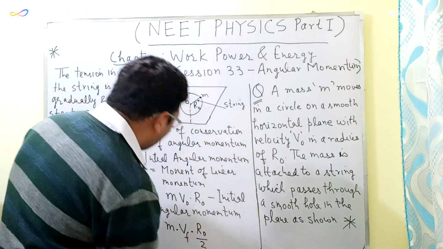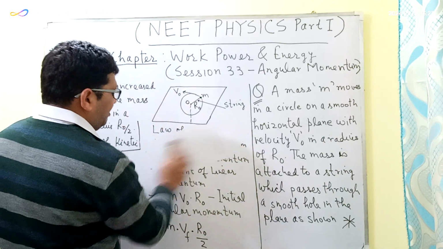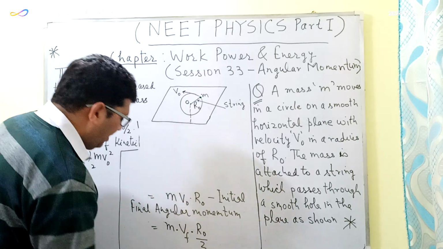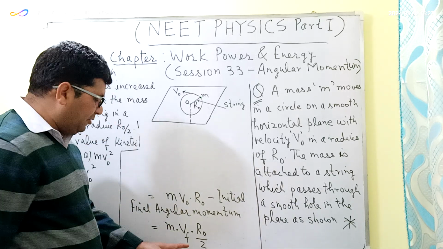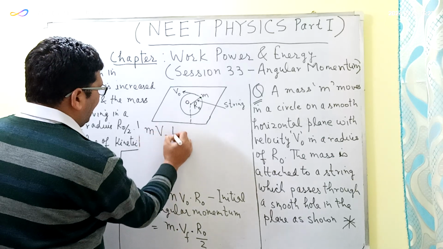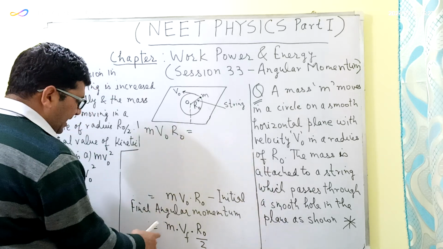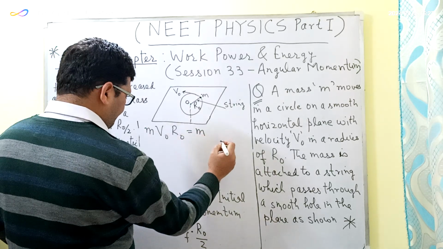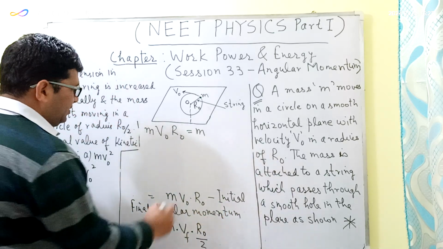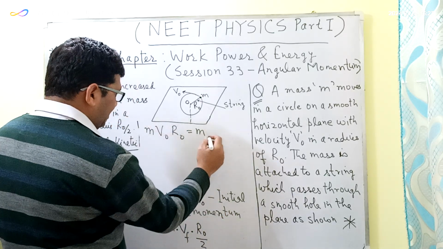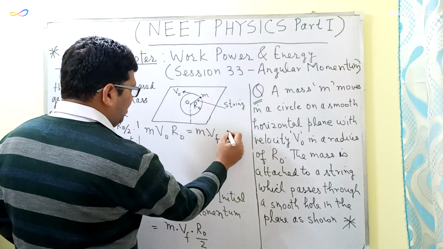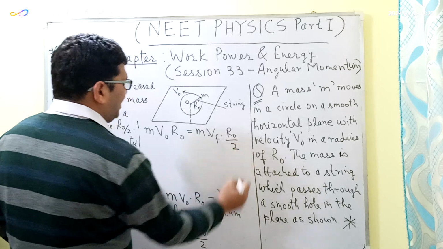So now what I will be doing is, I will be simply equating the initial angular momentum and the final angular momentum and try to find the value of vf. So the initial angular momentum is equal to m v naught r naught, and the final angular momentum is equal to m vf into r naught divided by 2.